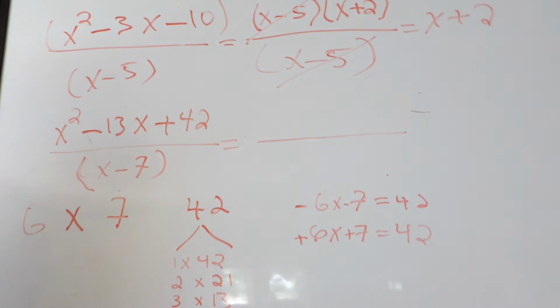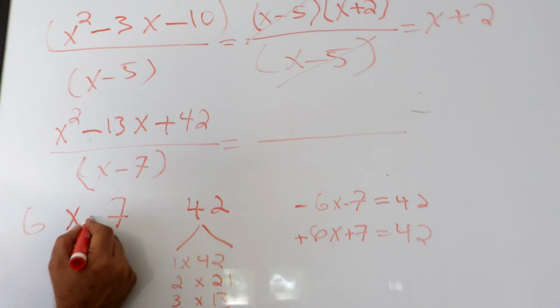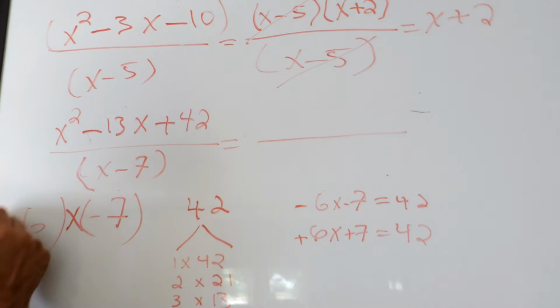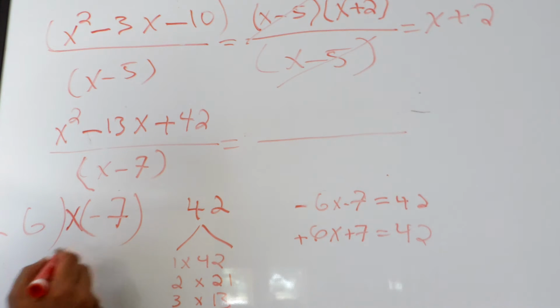So it's going to be minus 7 and minus 6, because the multiplication is going to be plus 42, and if you add them up, it's going to be minus 13.